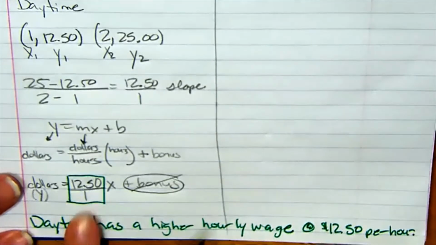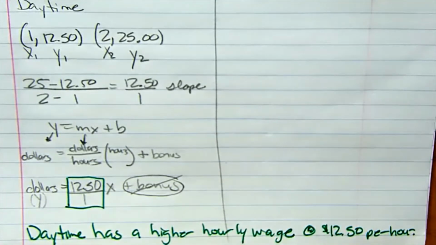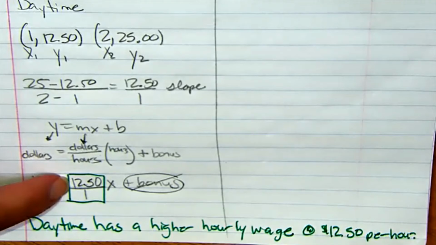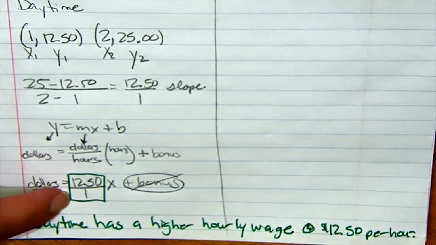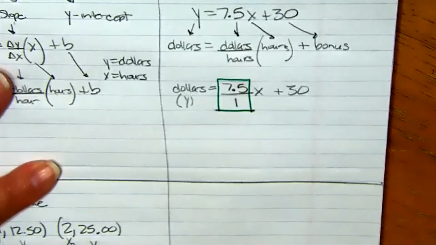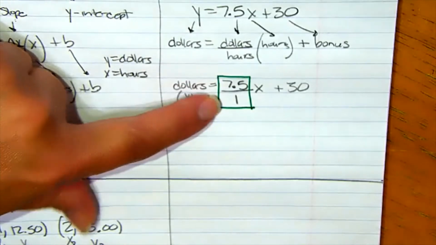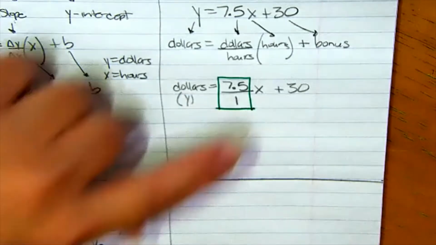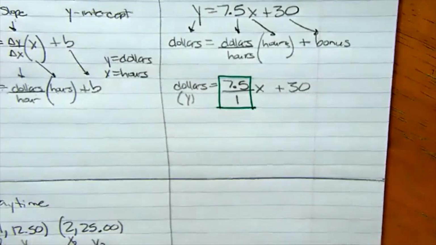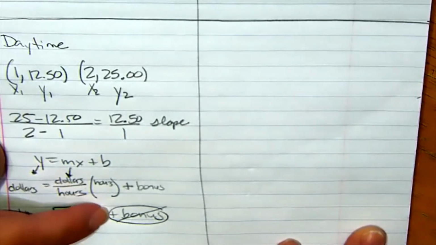So the daytime definitely has a higher hourly wage. We're looking at the slope, $12.50 per hour versus $7.50 per hour. But the nighttime people here get this bonus that the daytime people don't get.